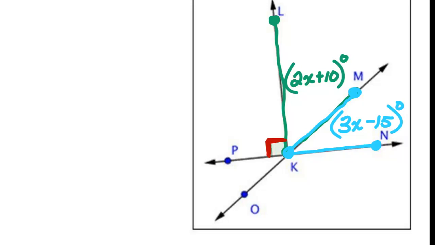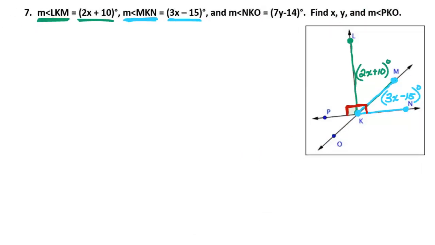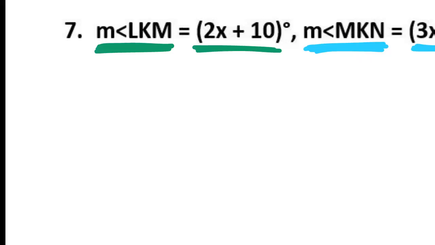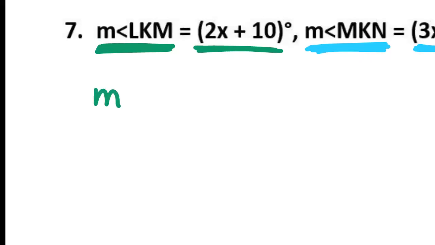PKL has a 90-degree angle. So over here, LKN would have to have a 90-degree angle. So what do I have to do with the 2x plus 10 and the 3x minus 15 then? Are they equal to each other? Are they the same size?